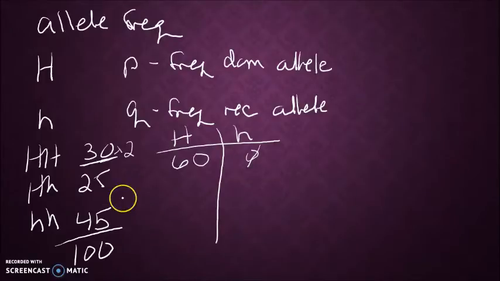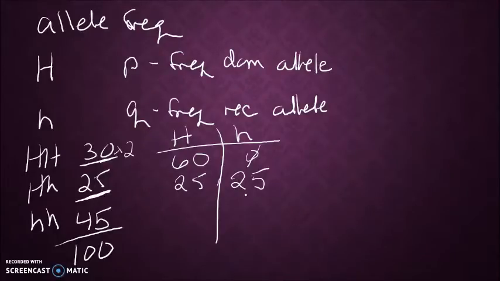Now these 25 people here, they have one of each, right? So if they have one of each, then we're not going to multiply by 2. Instead, we know they've got 25 big H's and 25 little h's. Make sure you don't multiply this one by 2.